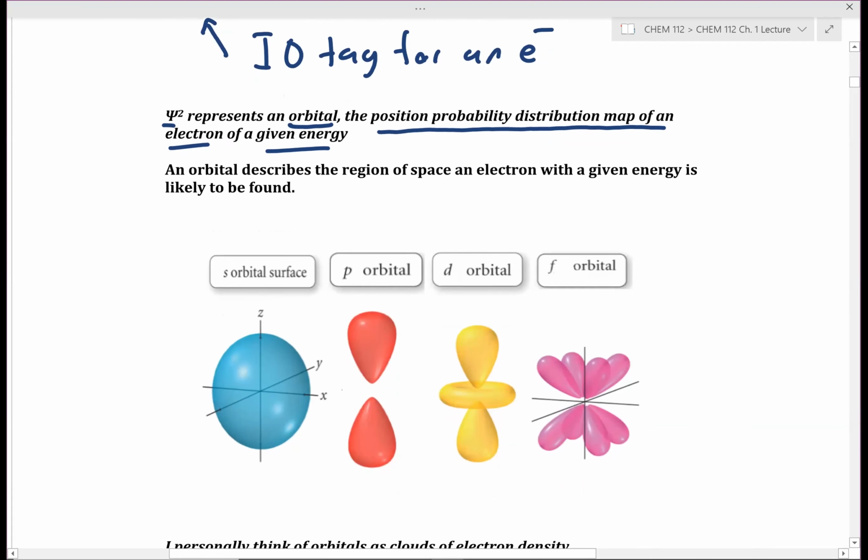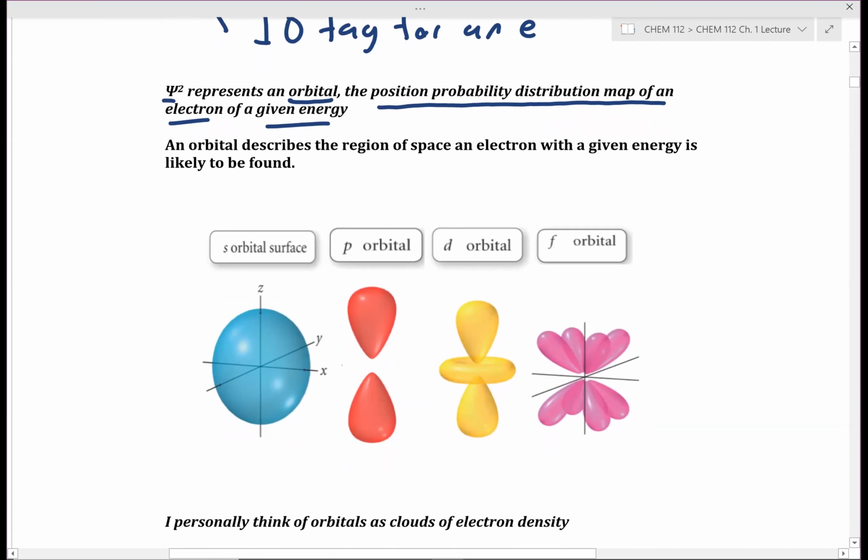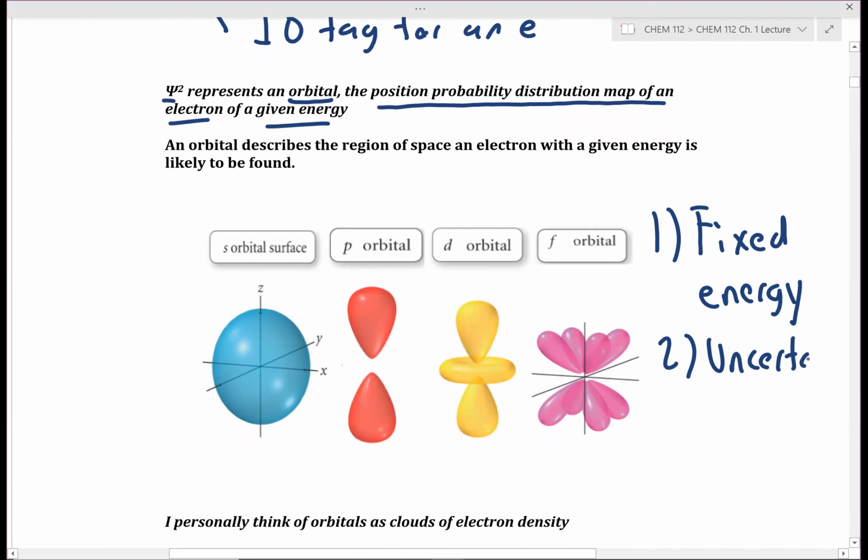So the best way I like to think about an orbital, it's a cloud of electron density for an electron of a specific energy. So the 2 main features of an orbital, we have a fixed energy and we have an uncertain position.